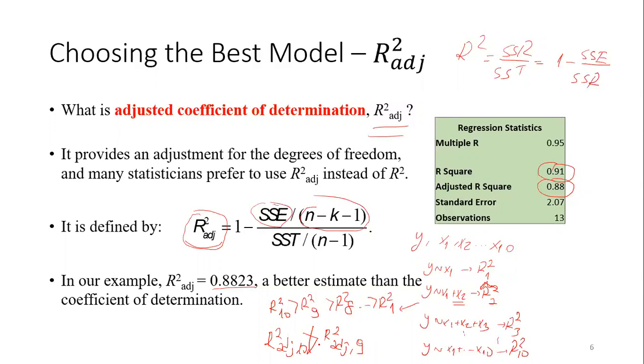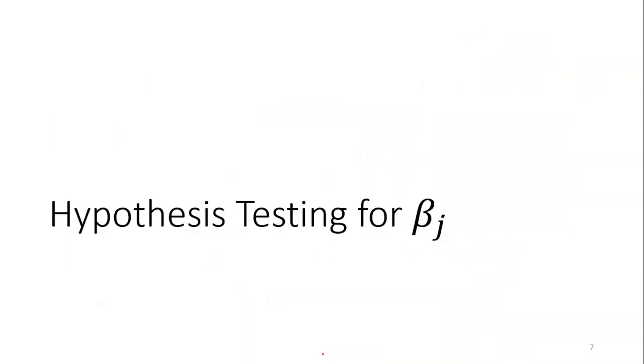You cannot clearly say it is larger. There are cases when you add a variable, your R squared increases, but your adjusted R squared does not. If adding a variable does not increase the adjusted R squared, it is not worth adding that variable.